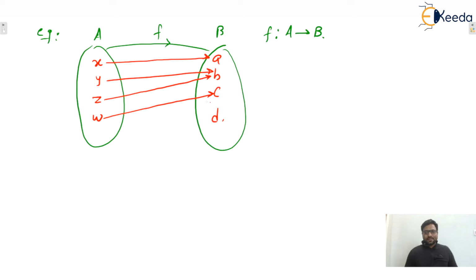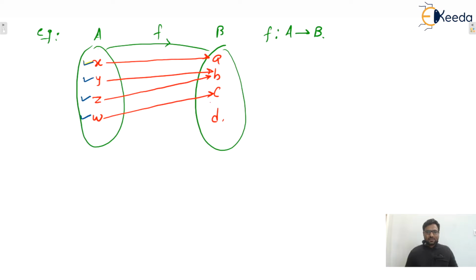So this is a valid function. Why? Because every element in set A is associated. First condition: no element in set A is unmapped, so the first condition is satisfied. Second, every element in set A is associated with a unique element.